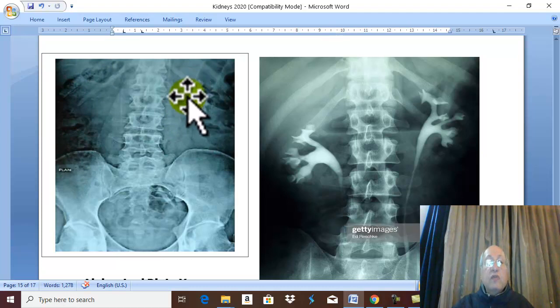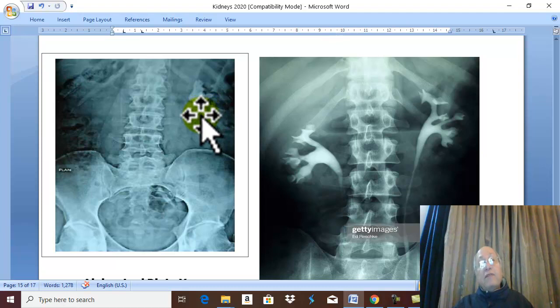A radio-opaque stone in the pelvic calyceal system. How do you know that it lies in the pelvic calyceal system? It takes the shape of the renal pelvis and branches into the calyces. Therefore, this is a stone in the left pelvic calyceal system.